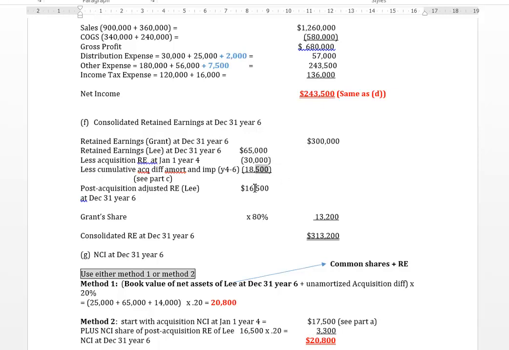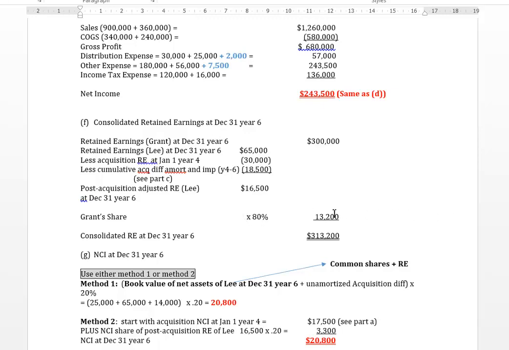And that's 18,500. So now we have our post-acquisition, meaning after Lee became acquired by Grant, adjusted retained earnings. Post-acquisition is after we deduct 30,000. Adjusted is including this 18,500 deduction, which is going to give us 16,500.